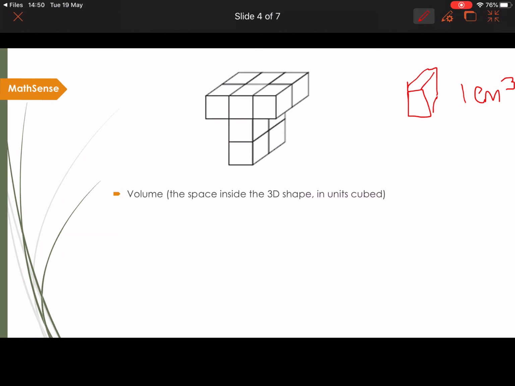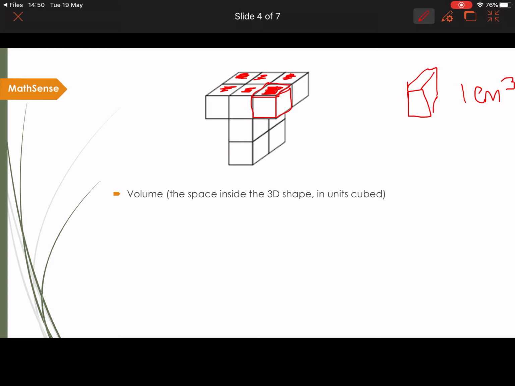So I can see on the top here I have 1 cube there at the back, 2, 3, 4, 5 and 6. That's 6 cubes on the top because each one is represented like that, but I'm just going to colour the top part so that I know I've counted it.